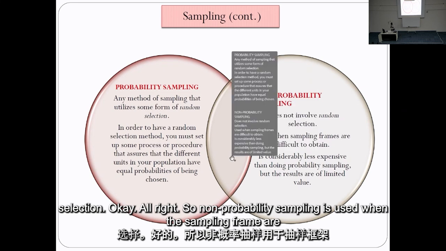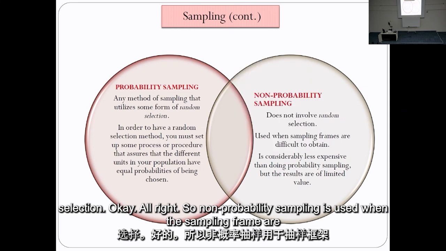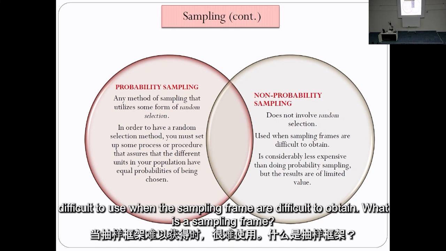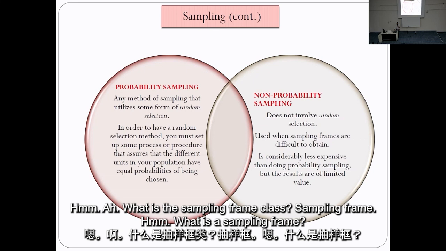So non-probability sampling is used when the sampling frame is difficult to obtain. What is a sampling frame? What is the sampling frame, class?